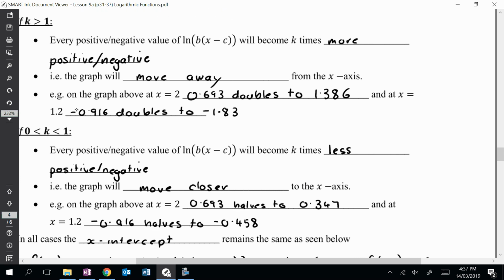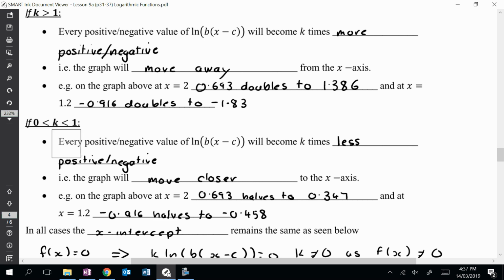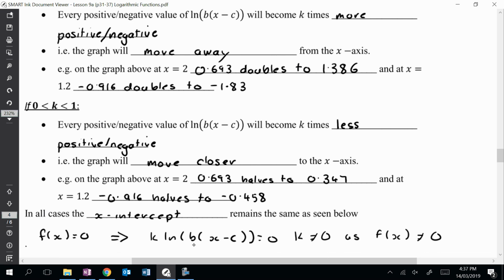Now, also, the x-intercept remains the same, and we want to see why. So the x-intercept occurs when the function is equal to 0. So it's when k ln b(x - c) equals 0. But if k was equal to 0, then the whole function would just be the 0 function. So we've got to make sure that k is not equal to 0, so the function doesn't equal 0.